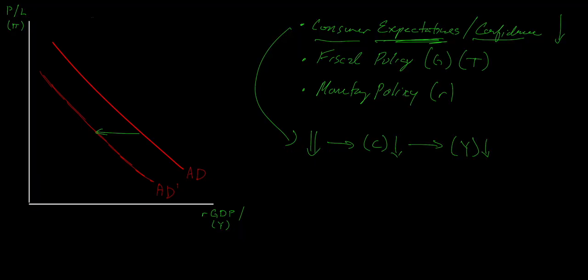Obviously, the inverse would be true. The aggregate demand curve would shift to the right if consumer confidence went the other way. If we just flipped all these arrows, your aggregate demand curve shifts to the right.